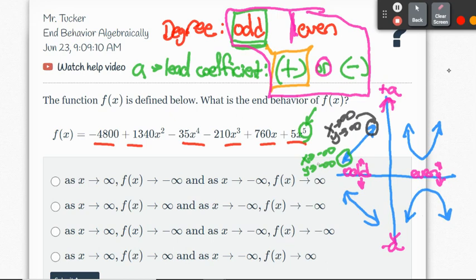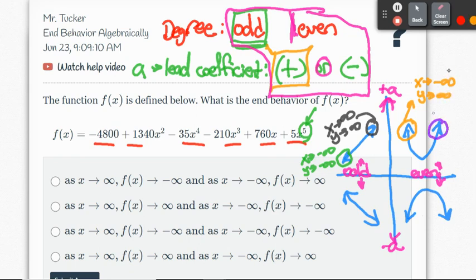Always. So the pairing of those 2 will be the answer. And we can select that answer right over here because that's what this one's supposed to look like. Well, I'm going to give you all of them right here. If you ever have a positive a value even degree, this arrow, the answer will be x arrows negative infinity, y arrow infinity.